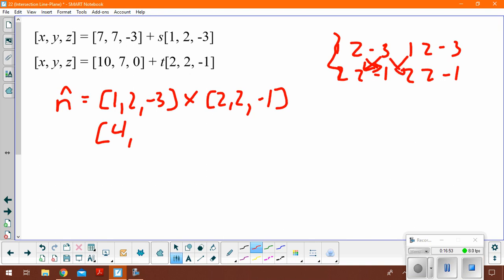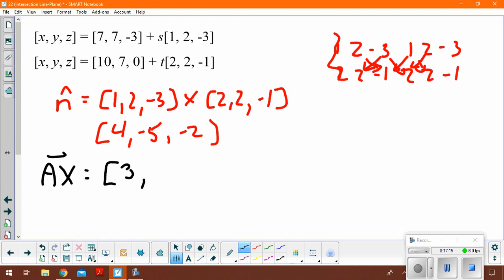Negative 6 plus 1, negative 5. 2, take away 4, negative 2. The second thing I need is my vector from A to X. So 10 minus 7 is 3, 7 minus 7 is 0, 0, so 3, 0, 3.